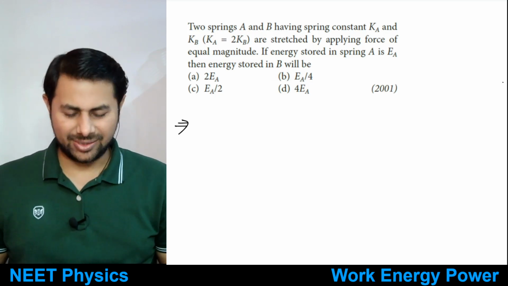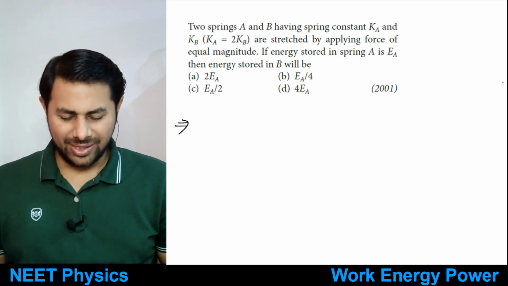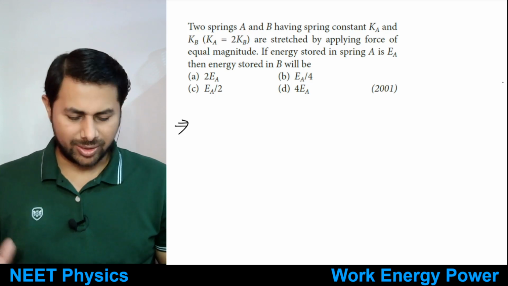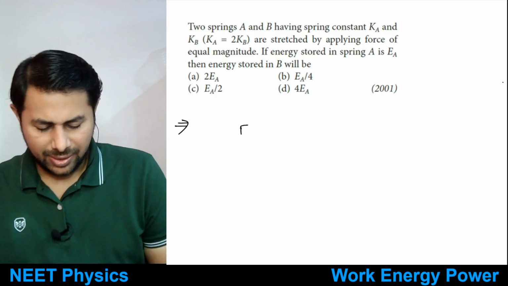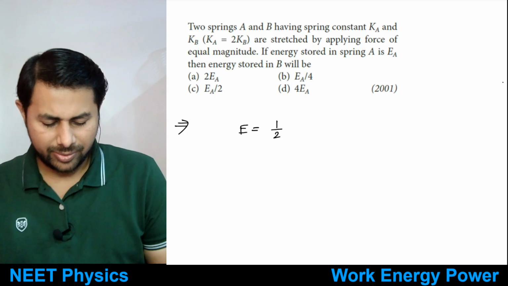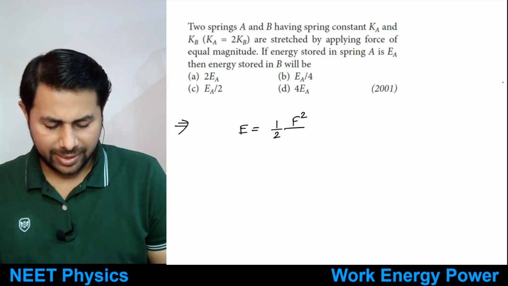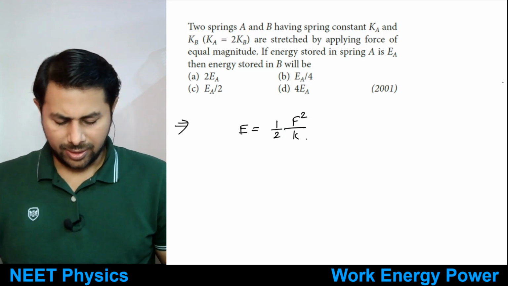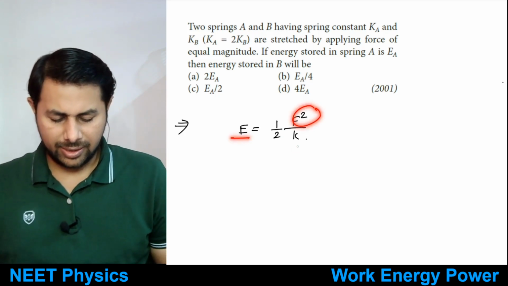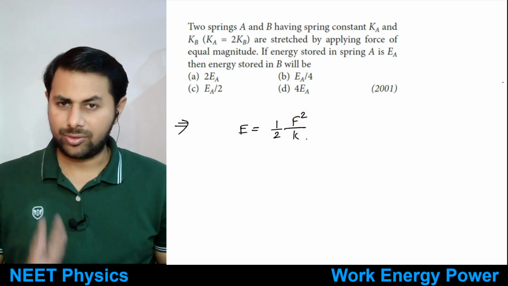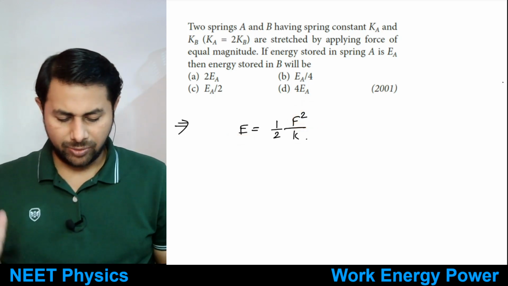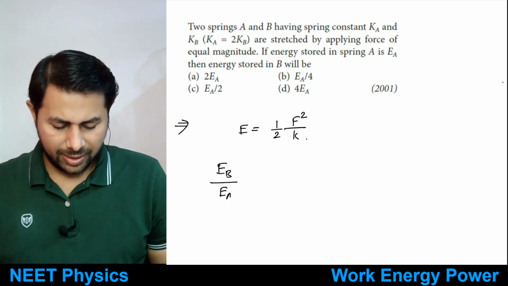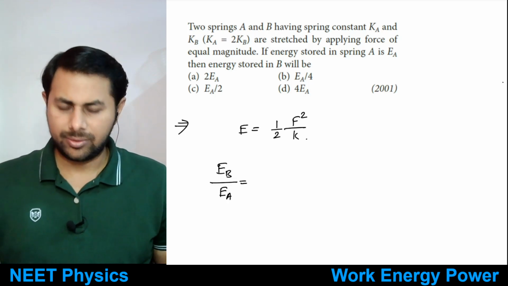We just saw that if forces are equal, then which formula should we use for the potential energy? E is equal to half of F square by K. We must use this formula. So if force is equal, then energy is inversely proportional to K. And you want EB, so EB divided by EA is equal to what?